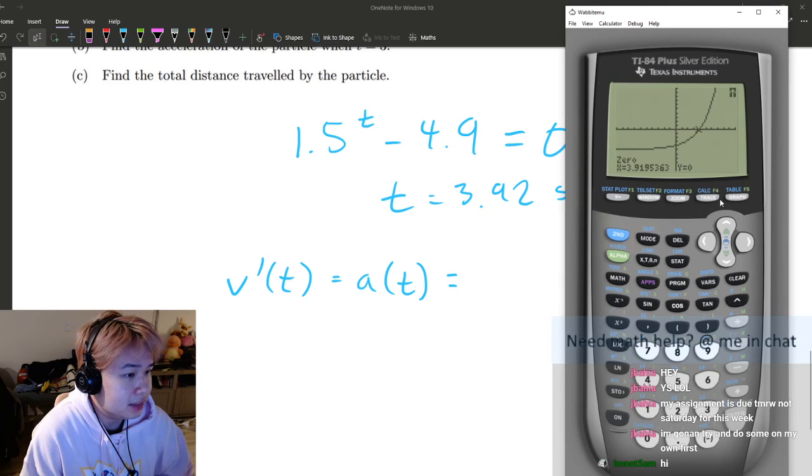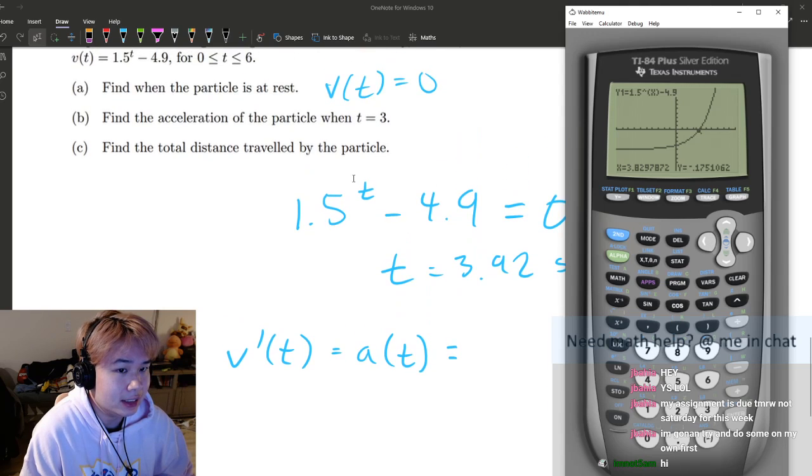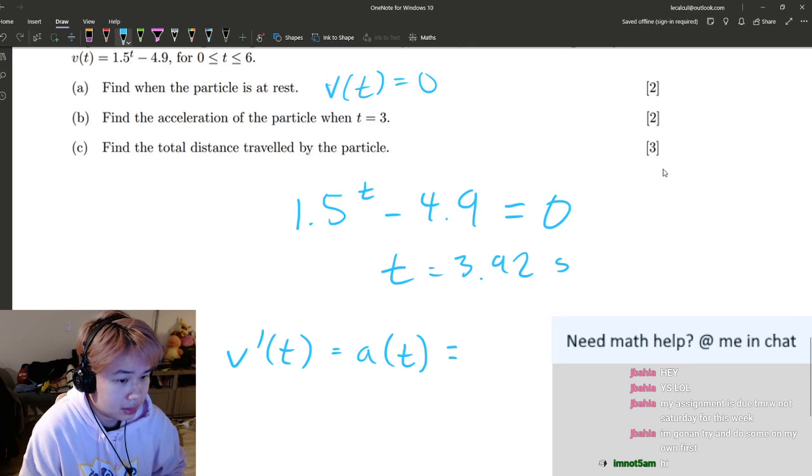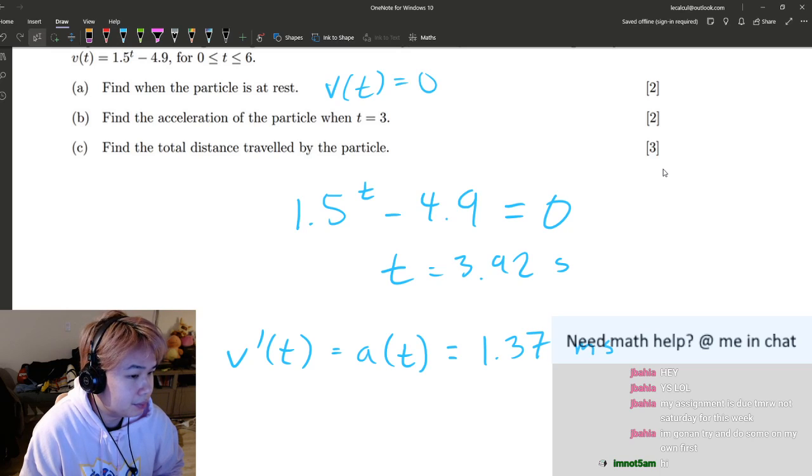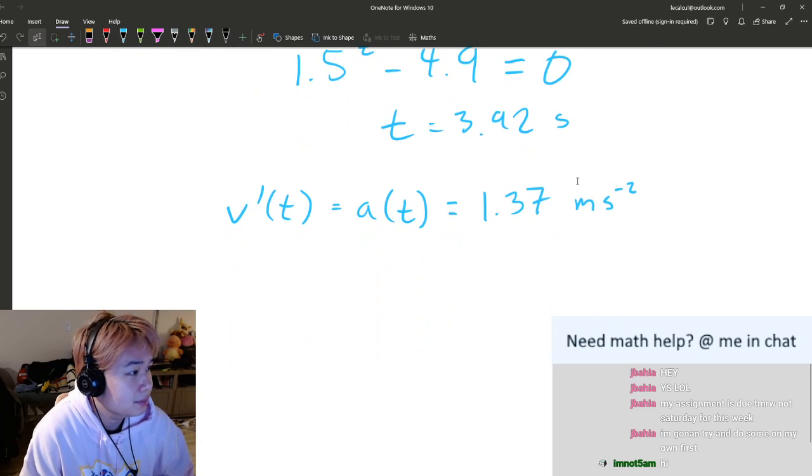So if I do second and calculate, there's the dy dx function. And then I want this specifically at a t value of 3, so I can just type in x equals 3 and press enter. So it's going to be 1.37. So 1.37 meters per second squared.